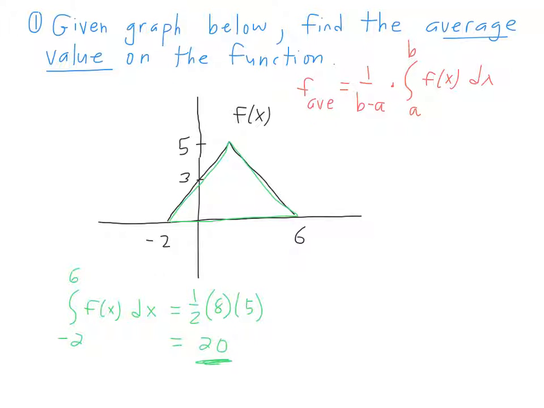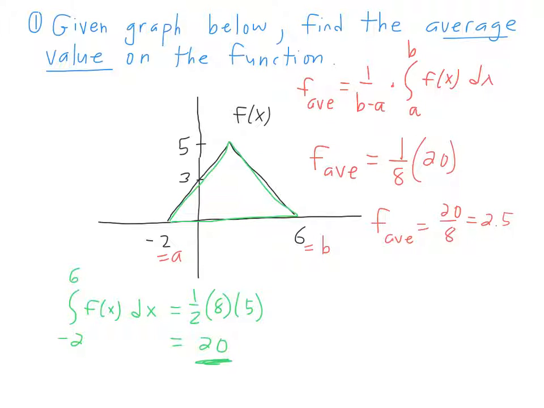We can do our 1 over b minus a, which is going to be 1 over 8, because this is really our a and this is really our b. And we found that the definite integral is 20. So our average value here is really 20 divided by 8, which is 2.5.